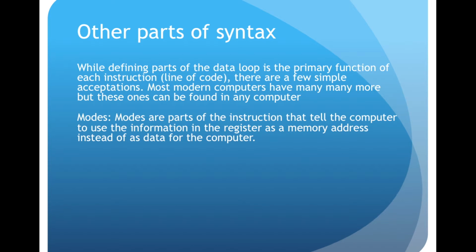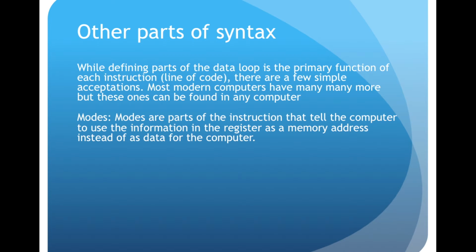Even though we have registers and they're really fast, there's a limited amount of space in them. So what we're going to do with the mode is say that what we take from the register is just going to be an address that we plug into memory, and we're going to use that instead of the register. So that's really all a mode is. It's just a single bit that's going to tell you that.